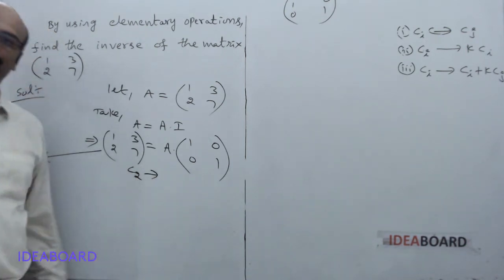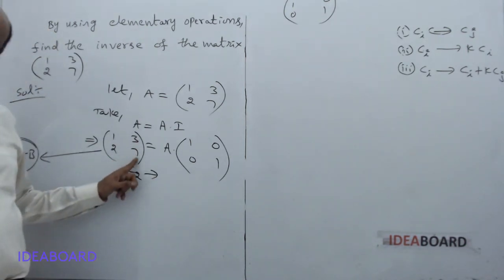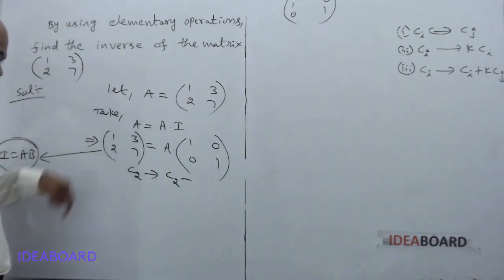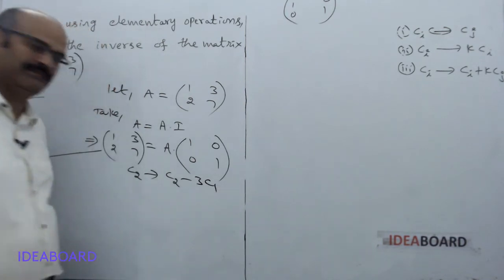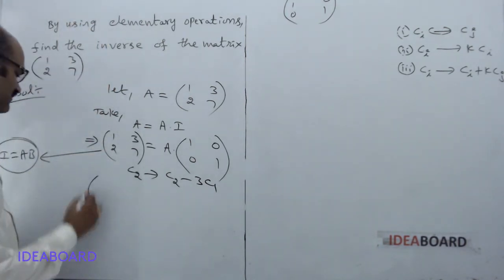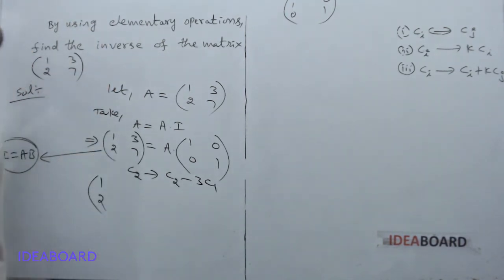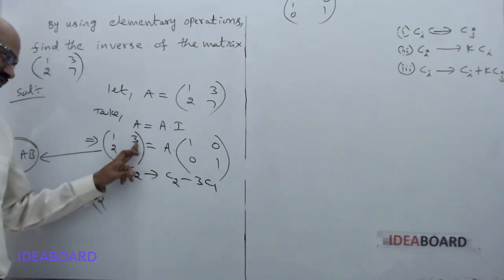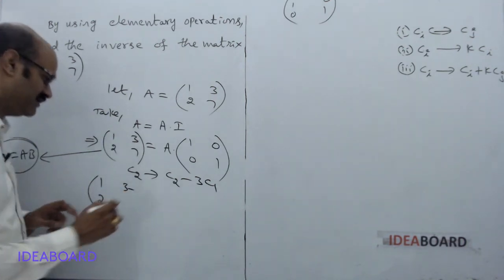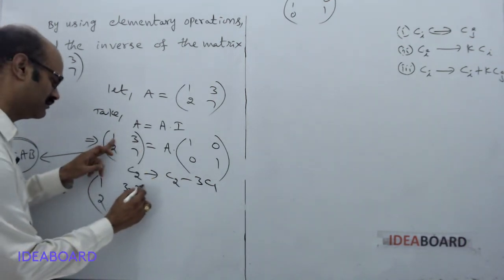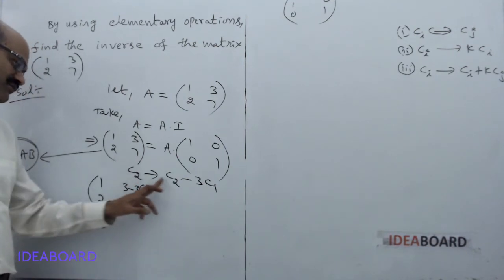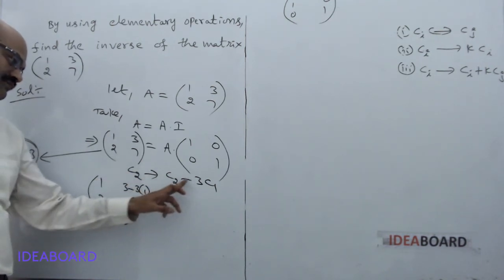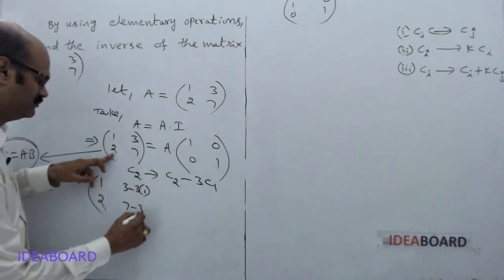C2 implies C2 minus 3 into C1. So C1 is the same, 1, 2. C2 implies C2 minus 3 into C1. C2: 3 minus 3 into 1. Next, 7 minus 3 into 2.